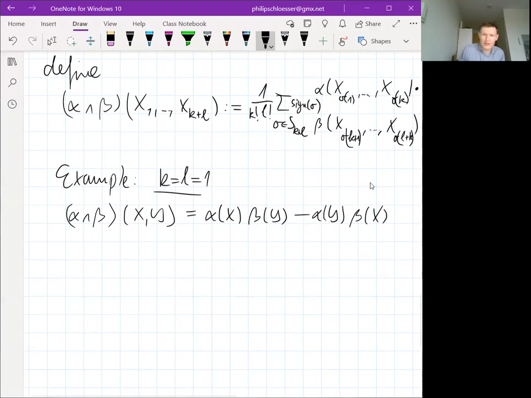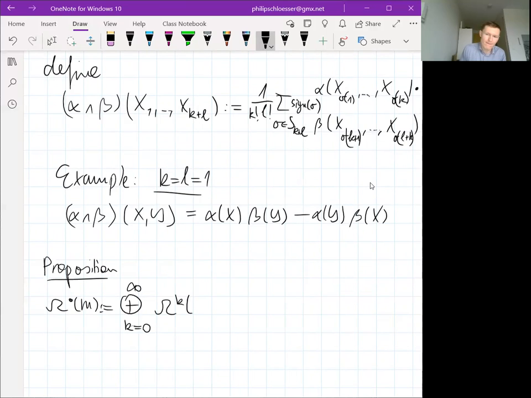And in the end, we can prove that omega bullet of M, which we define as the direct sum of all of the omega k's, satisfies the axioms of an exterior algebra.